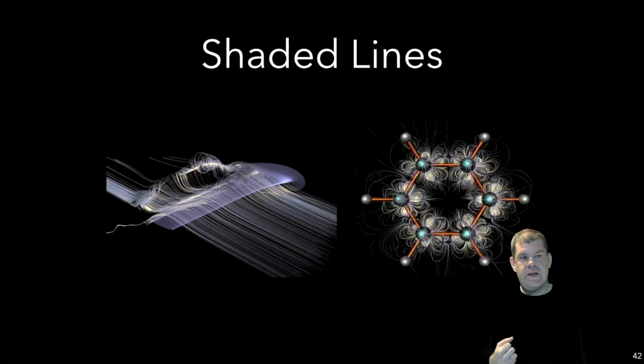As a final remark here on just lines, you can also compute what's called shaded lines. That's lighting computed on top of a line. Here are two examples. Again, they look pretty nice, but besides looking nice, they also give you great spatial perception. Now the trouble is, first of all, the term shaded lines is awful.